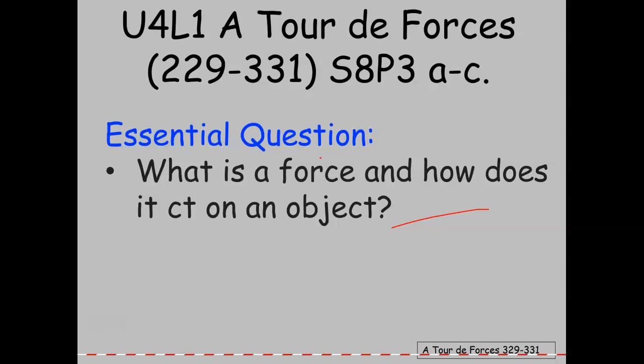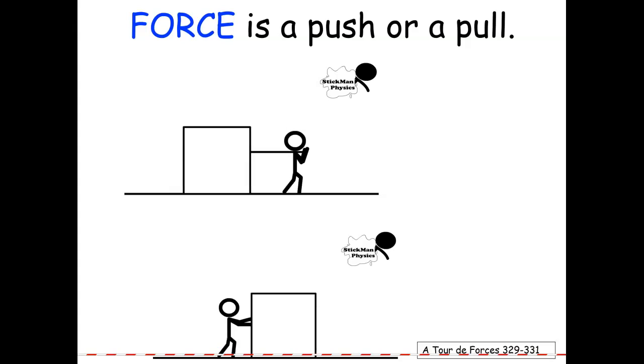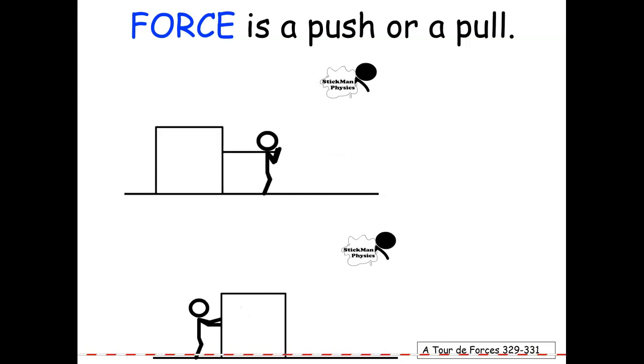The first part of the lesson is called a tour de forces. And the essential question is, what is a force and how does a force act on an object? Okay. So force is defined as a push or a pull.